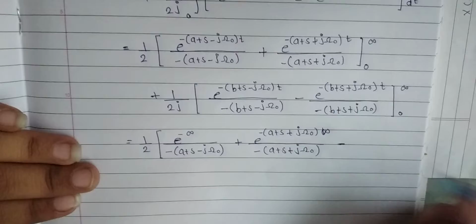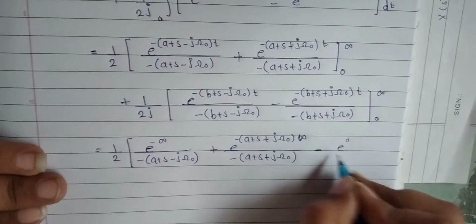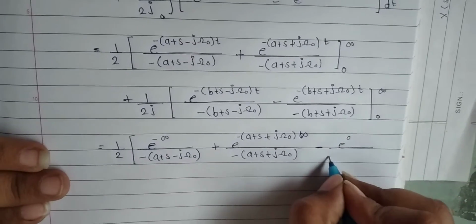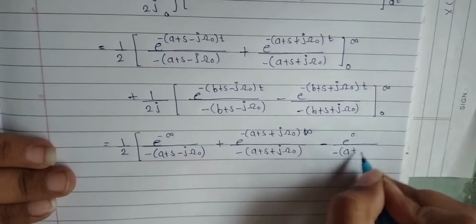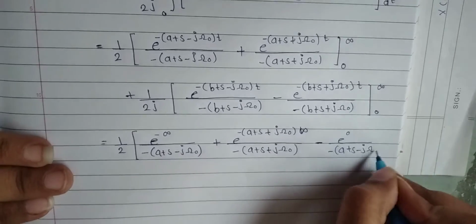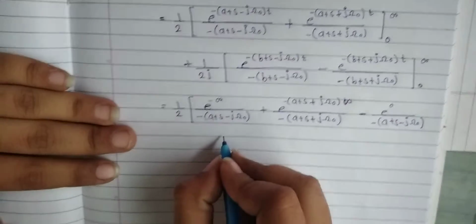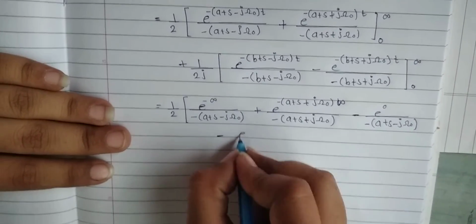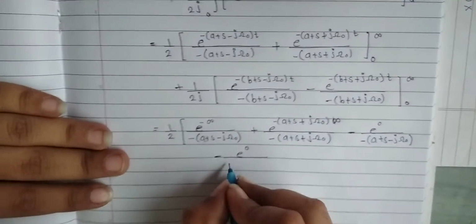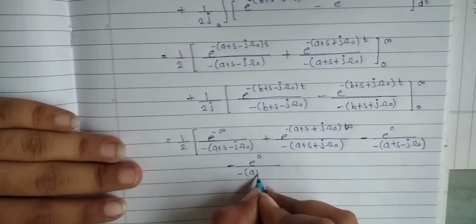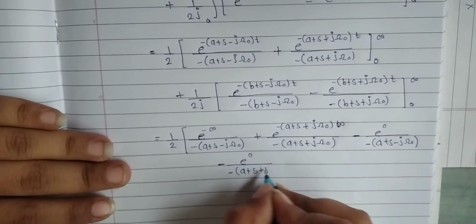Now I substitute the lower limit, e raised to 0 divided by minus of (a plus s minus j omega naught), so this minus e raised to 0 divided by minus of (a plus s plus j omega naught).